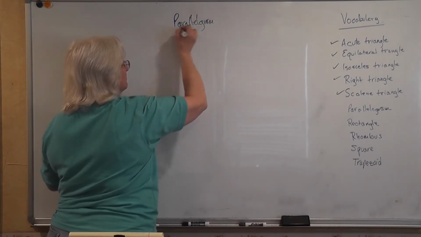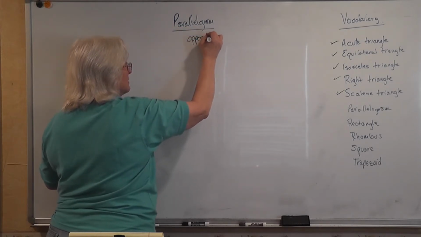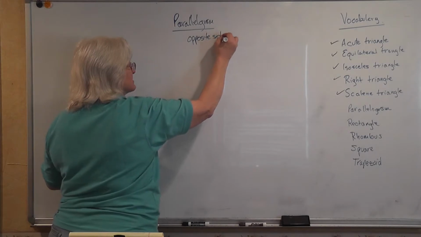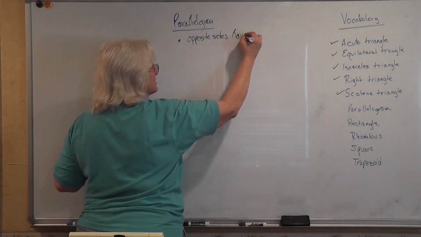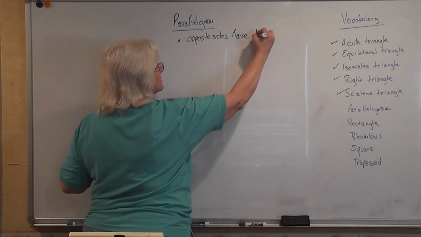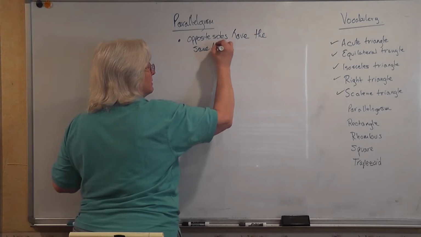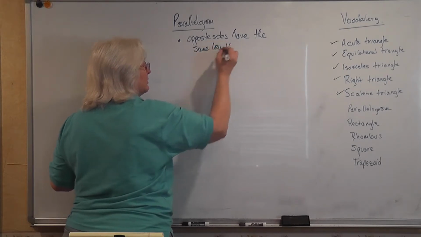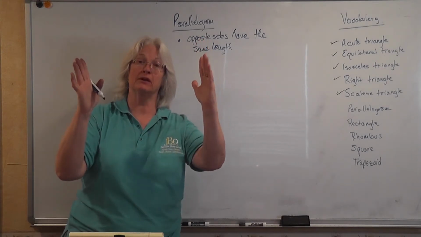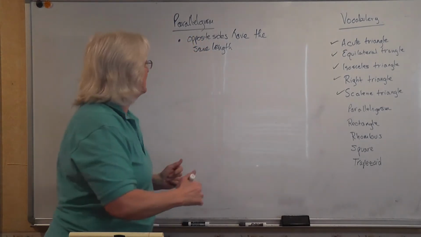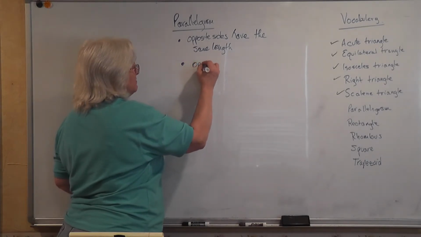Parallelogram. Opposite sides have the same length. A parallelogram has two pairs of parallel sides. Those parallel sides have the same length, and the opposite angles also have the same measure.